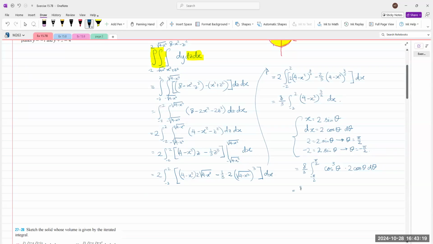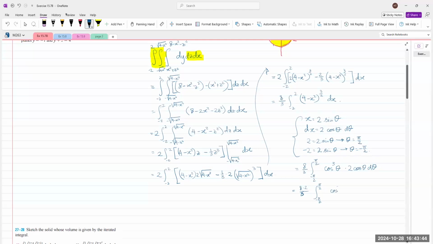So that's 8 over 3. I don't know what I'm getting myself into. So this is 3 here, so multiply by 2 times the integral from negative pi over 2 to pi over 2 of cosine to the 4th.